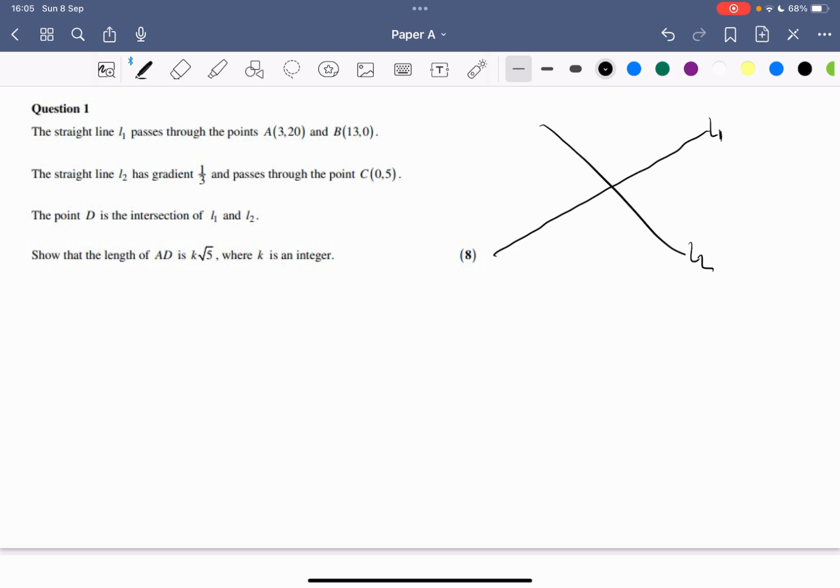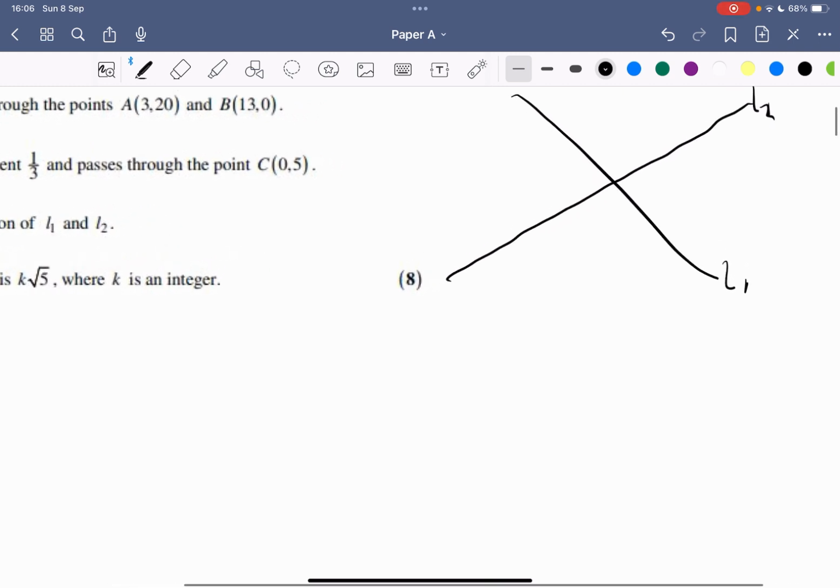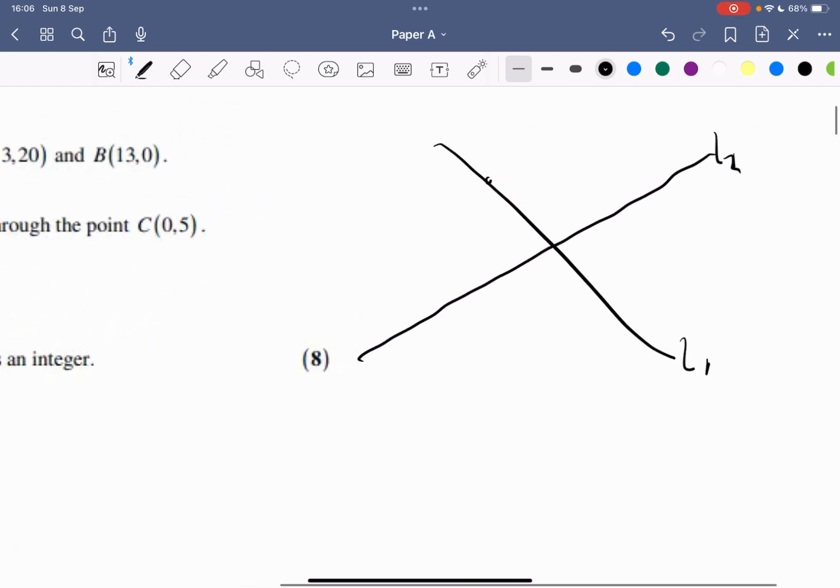Okay, now actually my graph, now that I'm looking at these points, might be a bit wrong. So L1, I think it's better if I switch these two out actually. Okay, so L1 passes through the points 3,20 and 13,0. So let's just say that's somewhere around here.